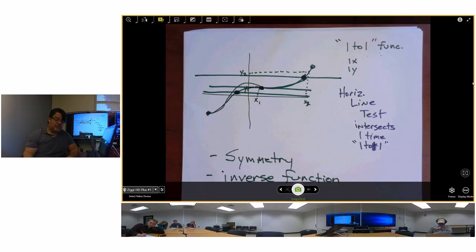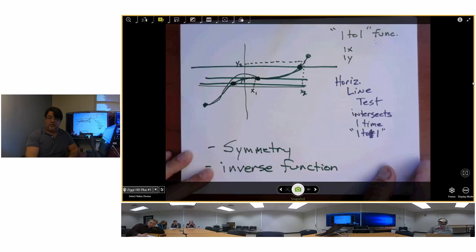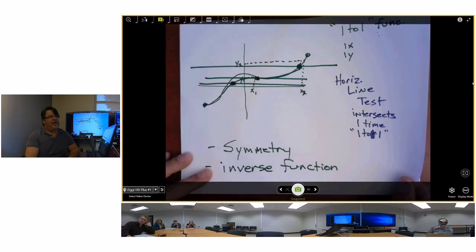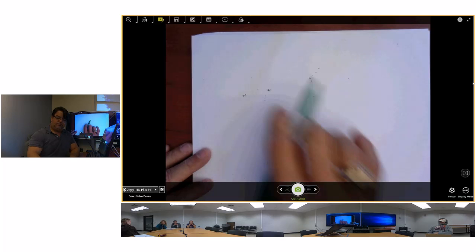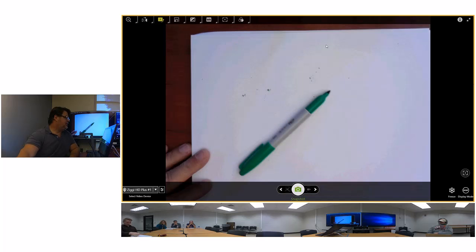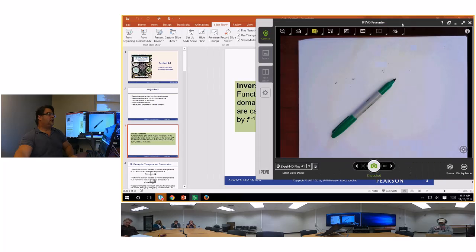So it's very important that you remember how to do inverse functions and what inverse functions are all about. That's why I'm not showing you the PowerPoint, because if you haven't had symmetry and one-to-one functions in a while, the PowerPoints are probably confusing. So, let's take a function. Let me go to the slides for an example.